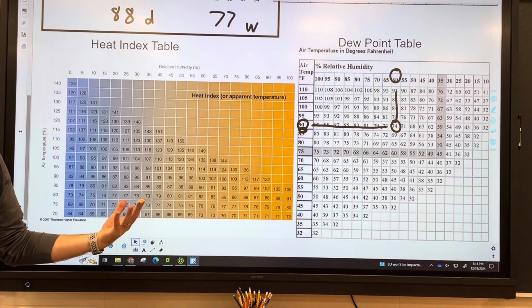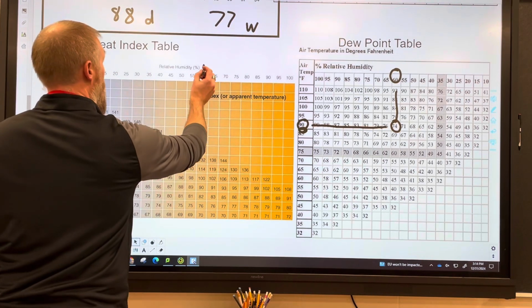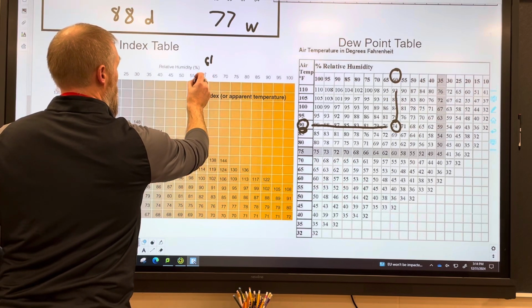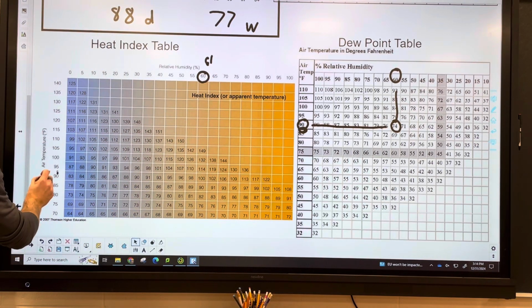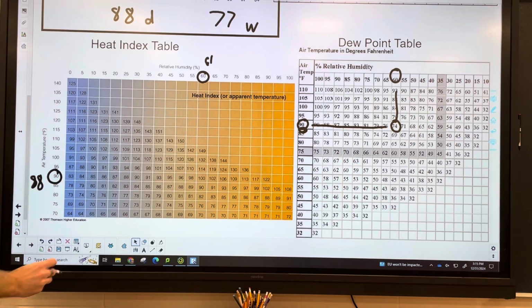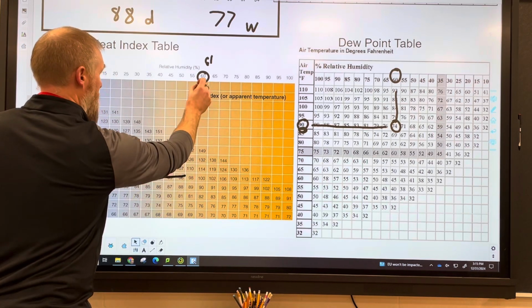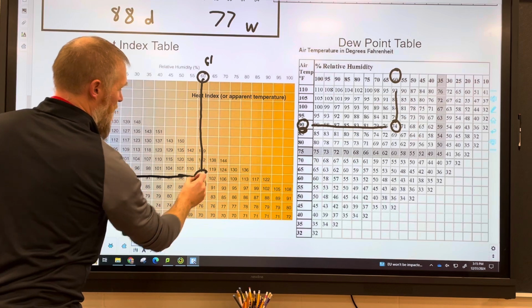So actually the same numbers as last time: relative humidity, we said, was 61, so we can use this value here, and we said 88. So we can use this value again, and hopefully we'll get something that intersects. And we did.